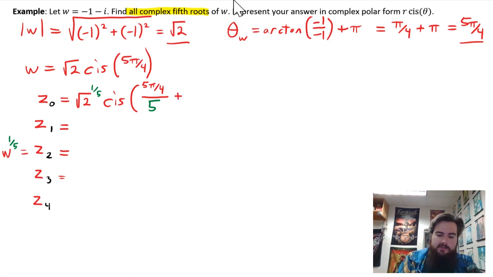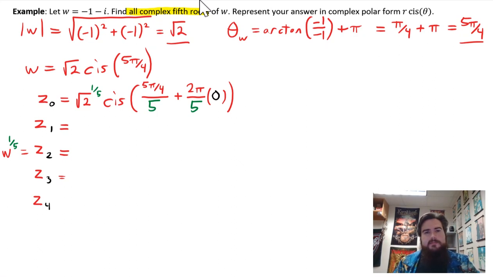We will then also have plus 2 pi, that will also be divided by the root that we were working with. And we're going to multiply 2 pi over 5 by our subscript of 0. This is the general format that all of our solutions are going to look like.